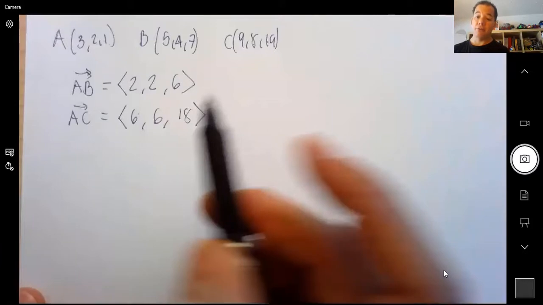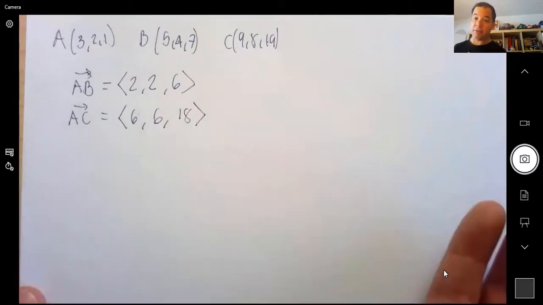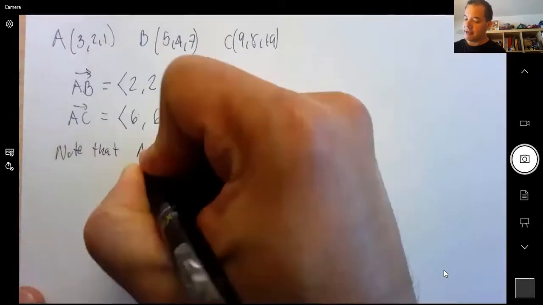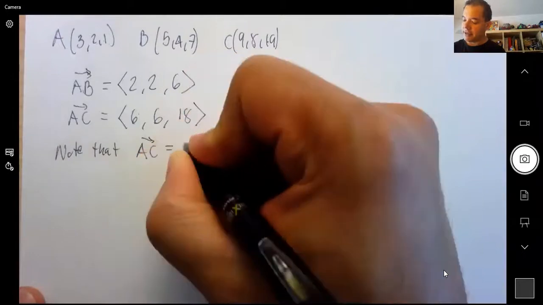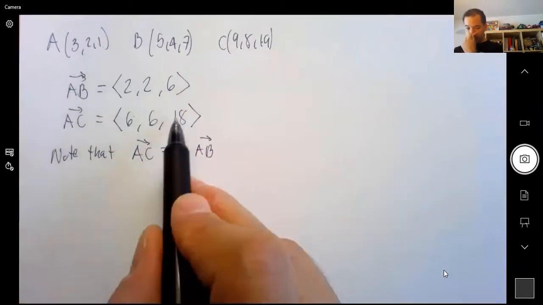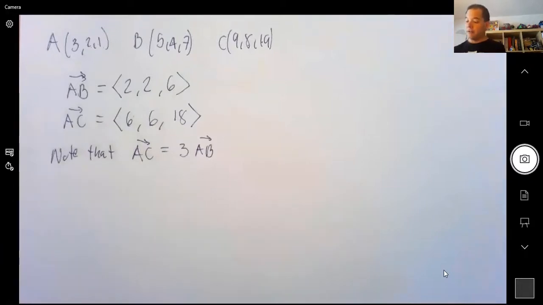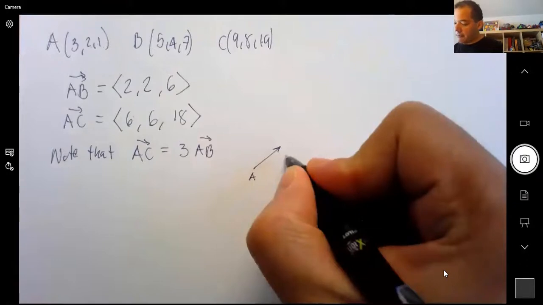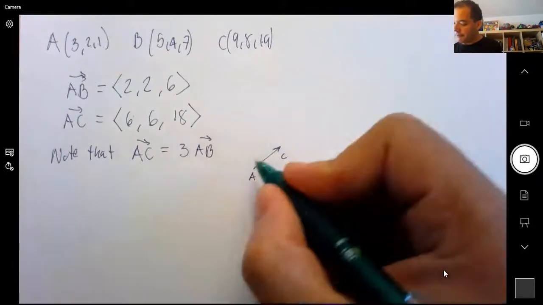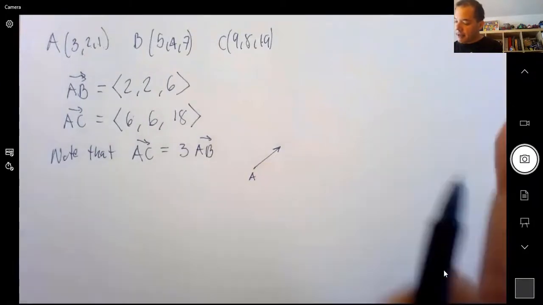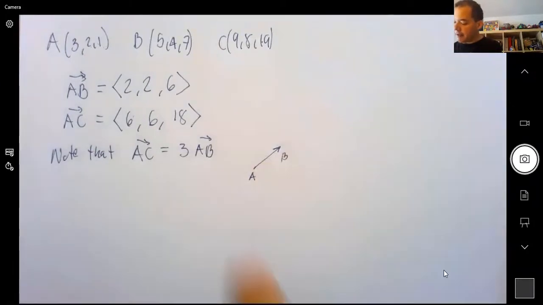So I don't even need to do the cross product. I'll do it anyways, but note that AC is 3 times AB. That means they are collinear. I have a vector AB, and AC is 3 times that one.